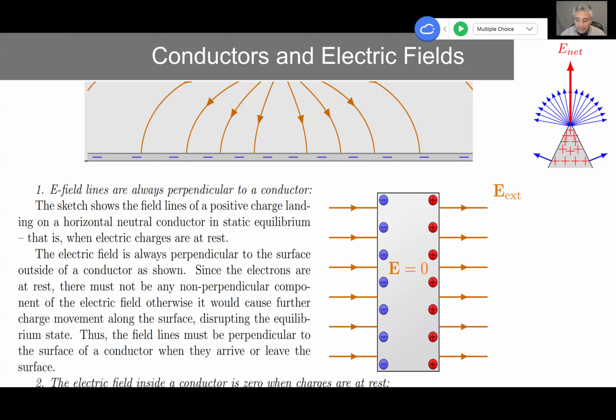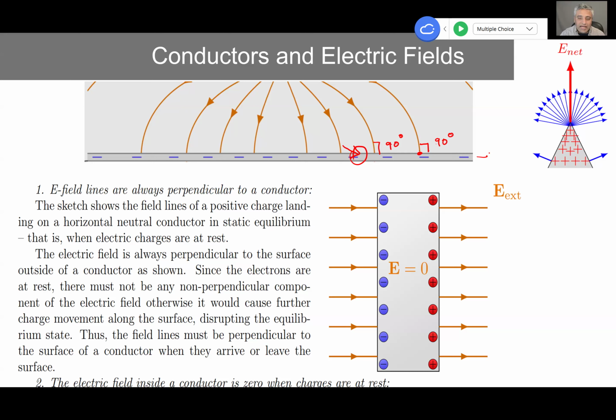So, in that case, these field lines just land perpendicular to the surface, making 90 degrees, when they hit the conducting surface where charges are not moving. If they were not landing at 90 degrees, rather at some incline, that means there would be a net force. That means charge would be moving. So this conductor wouldn't be at equilibrium.